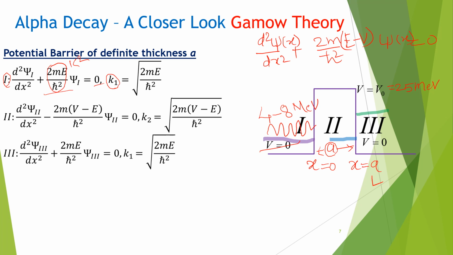Now in the second region, we have the energy of the particle E, 4 to 8 mega electron volts, which is smaller than the barrier height. We already know that E minus V is negative.